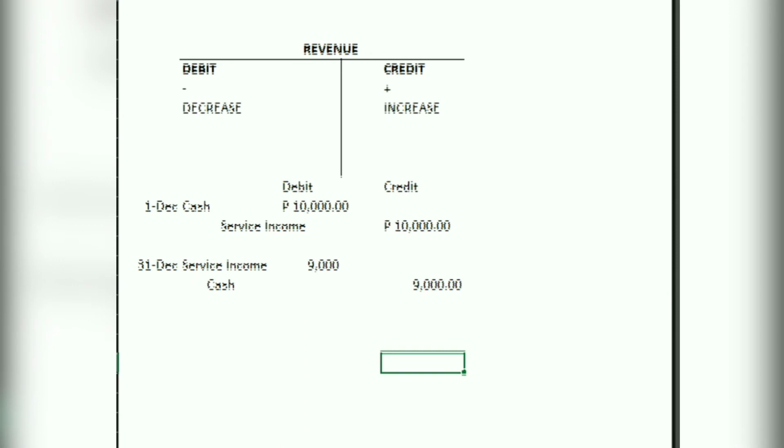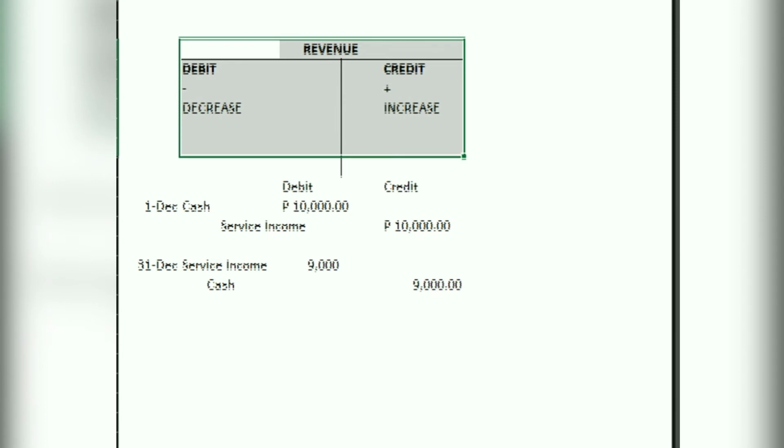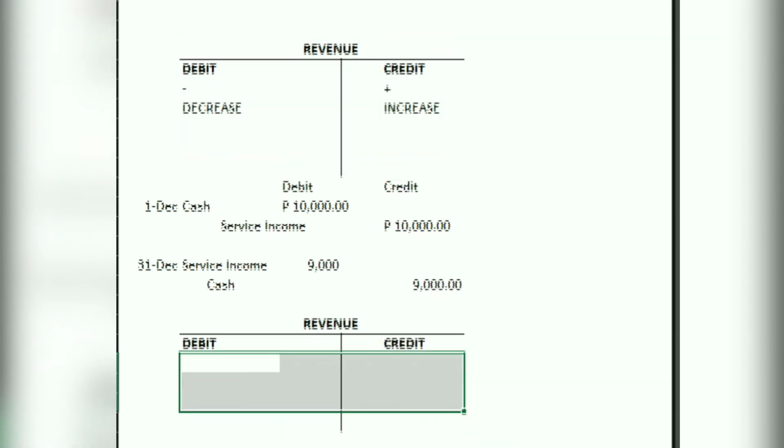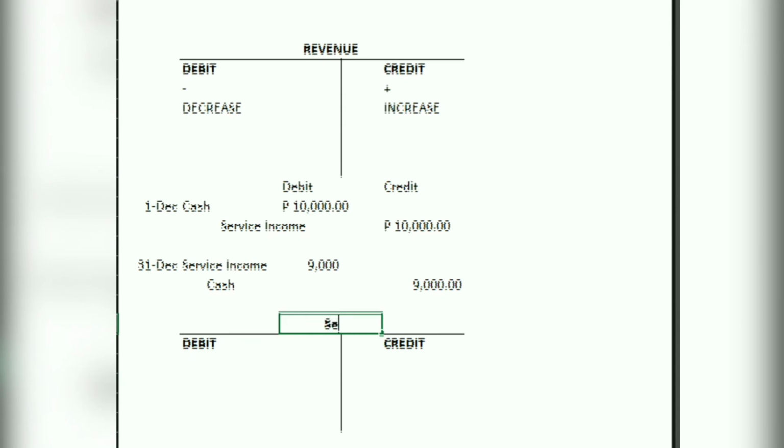Ayan. So, kung ititi account natin si revenue, si service income, ang kinalabasan is, debit at credit side first ng December 1, may 10,000 tayo. Then, on December 31, may correction tayo na 9,000.